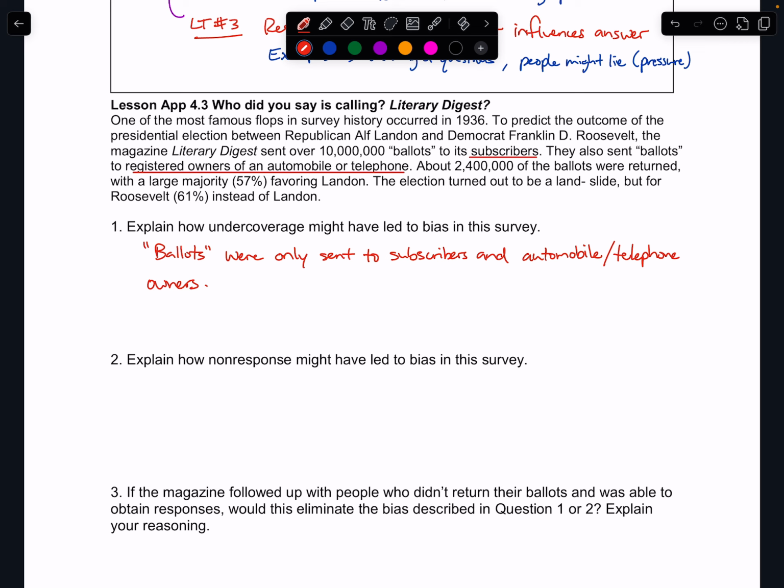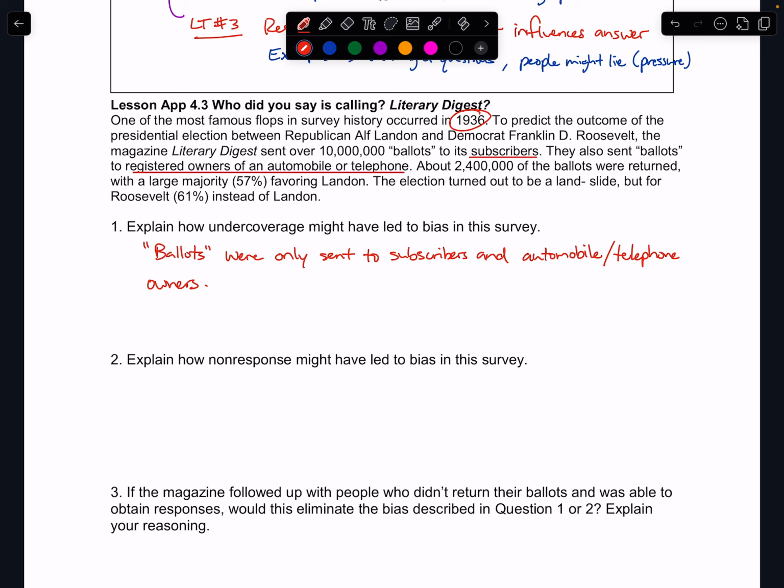And at this point, in terms of American history, people owning automobiles and phones. So this is again 1936. So you think about this. This is coming out of the Great Depression, right before World War II, or kind of in the start of World War II. The Civil Rights Movement hadn't happened yet, and so people who owned cars, owned phones, were probably pretty wealthy.